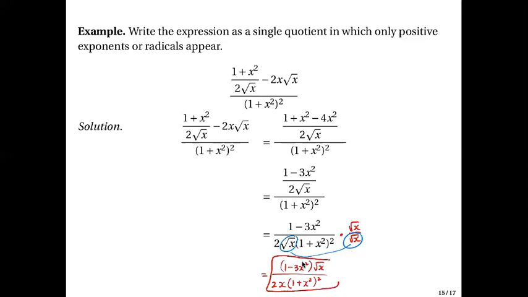So this is the final expression. Okay. Questions?